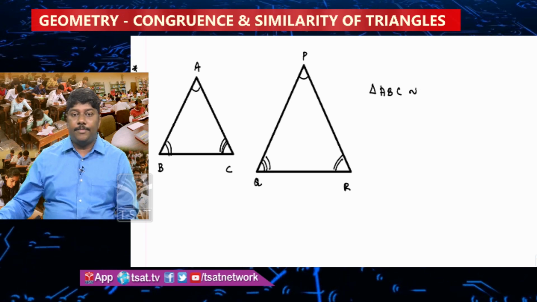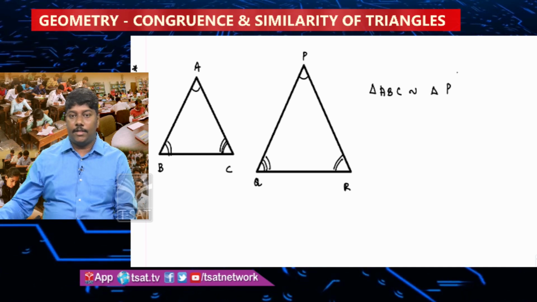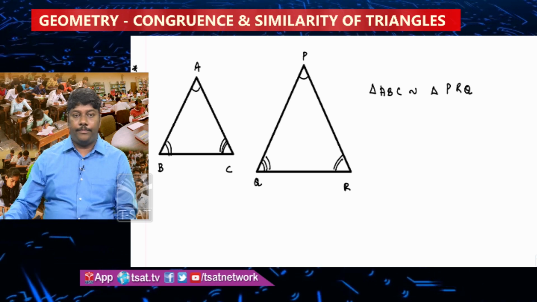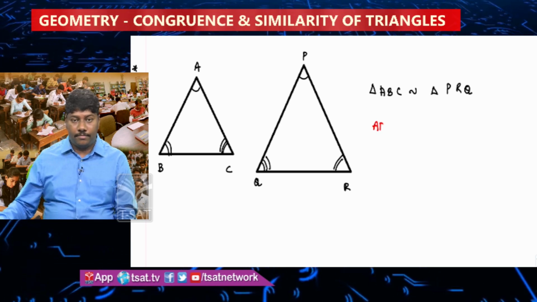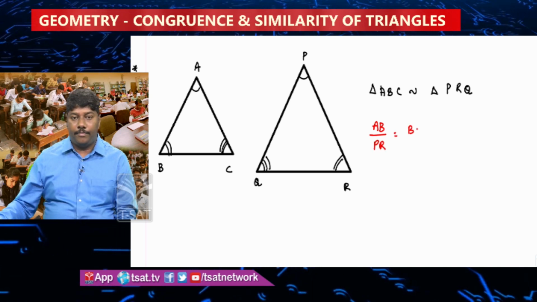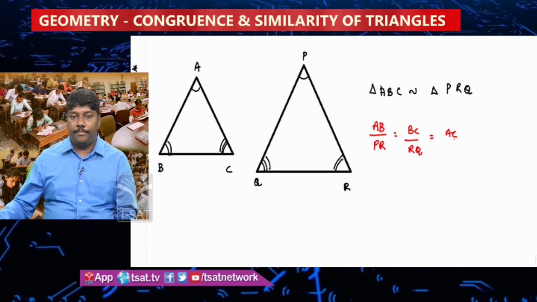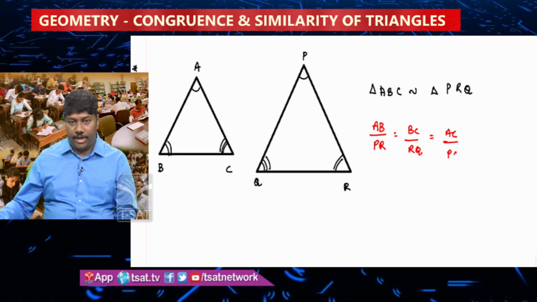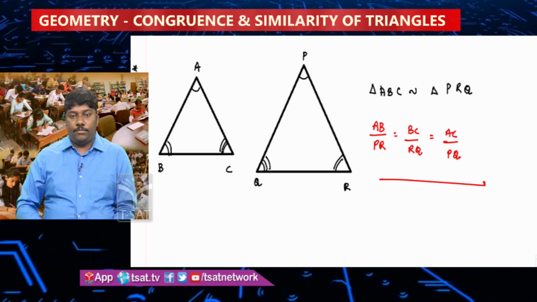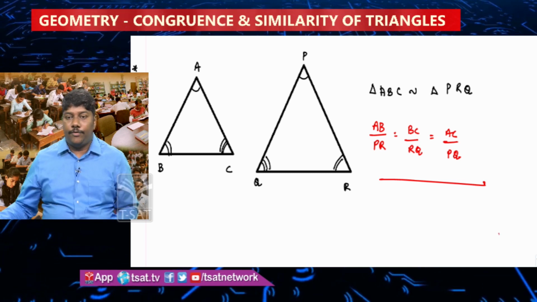A is same as P, B is same as R, therefore PRQ. Now we say AB by PR, BC by RQ, AC by PQ. Like this we say area 1 by area 2 is equal to any of these sides' ratio whole square. That is how we proceed.